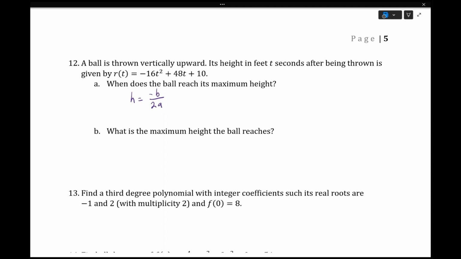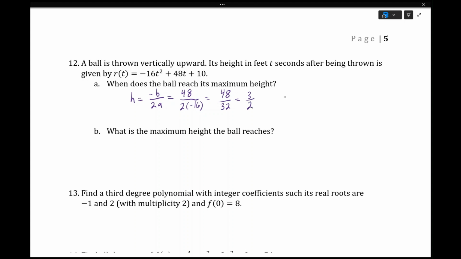So when does it occur? When the time is negative b over 2a, or in this case at 48 divided by 2 times negative 16, which ends up being 48 over 32, which is 3/2 or 1.5.